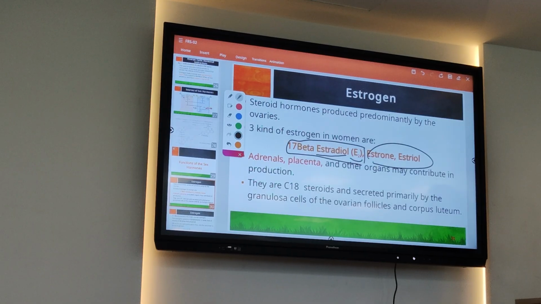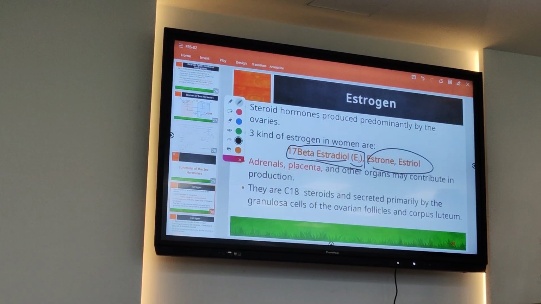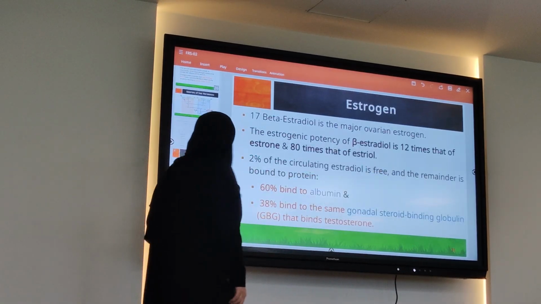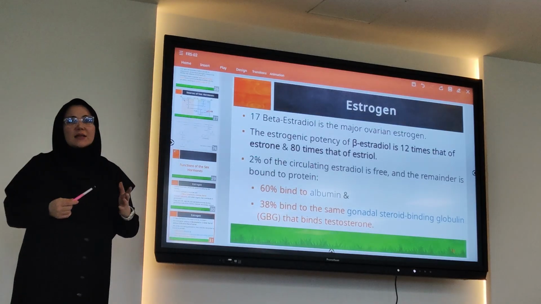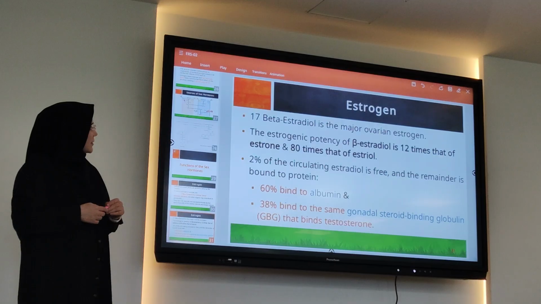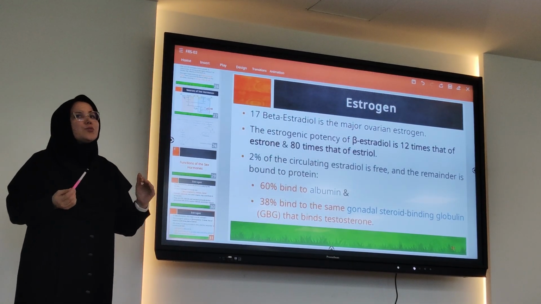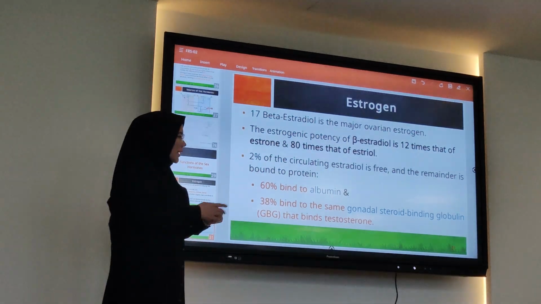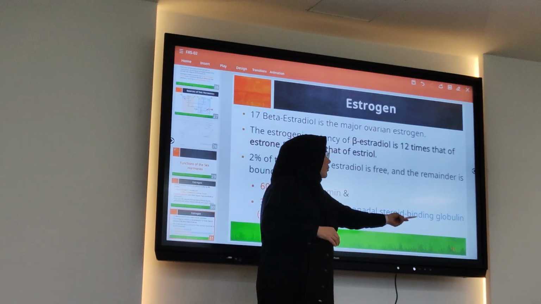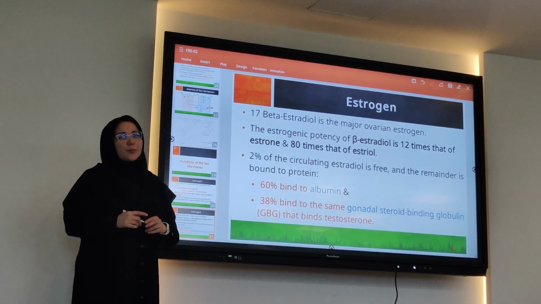Some organs such as adrenal and placenta can produce estrogen, my dear friend, and generally we can say that 17-beta-estradiol is more powerful than the other estrone and estriol. Like other steroids, estradiol should bind to some proteins such as albumin and gonadal steroid binding globulin to circulate in the blood.